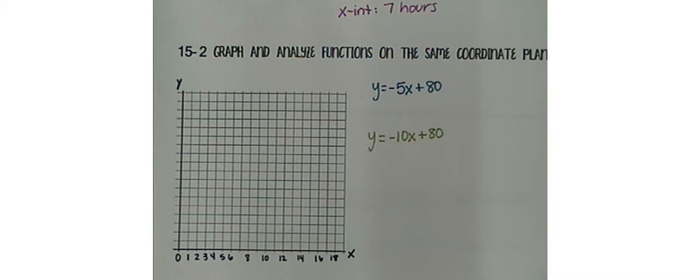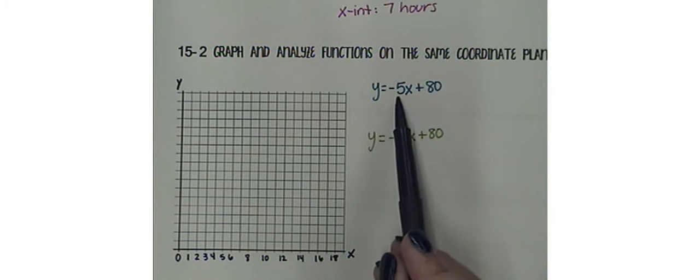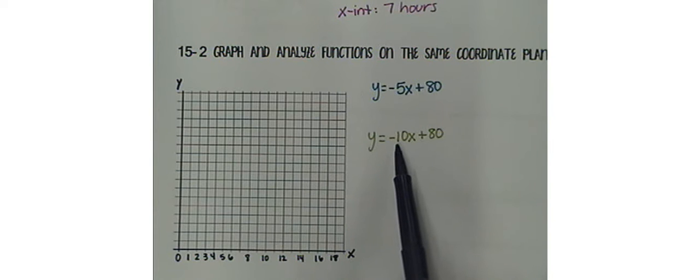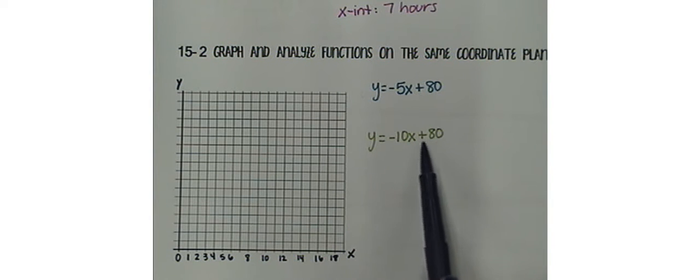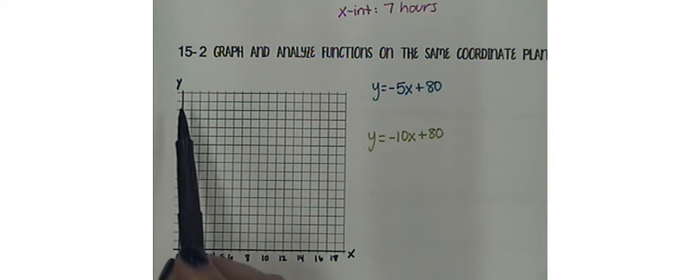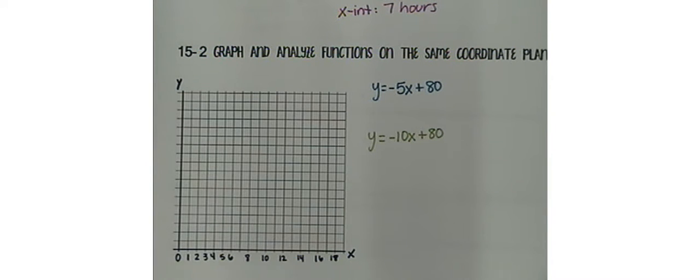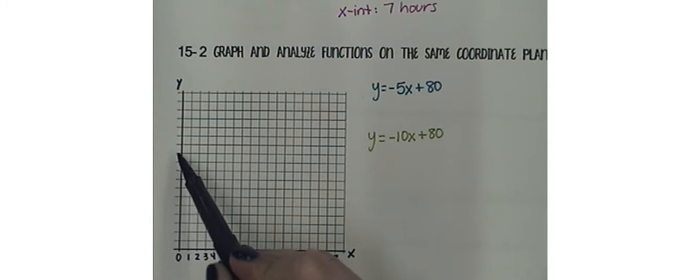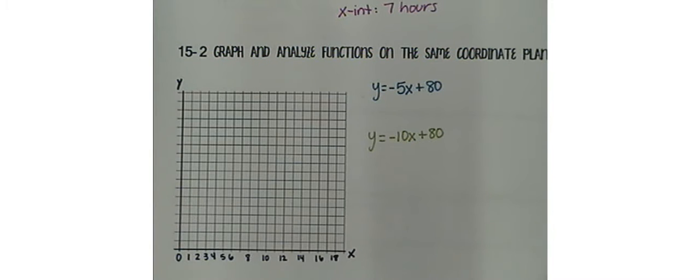Now, if I have a slope of 5 and a slope of 10, and my y-intercept is 80, I need to go all the way up to 80 on my y-axis. What should our scale be? Could we go up by 5s? Yeah, let's go up by 5s.